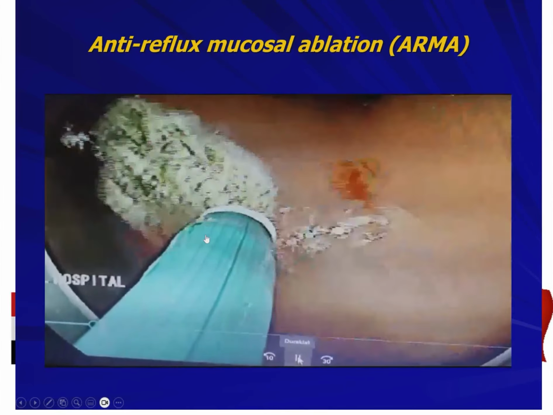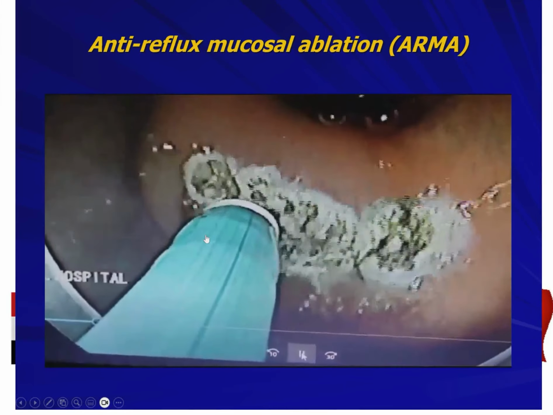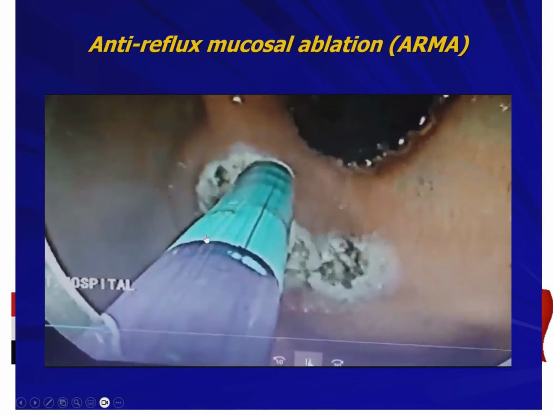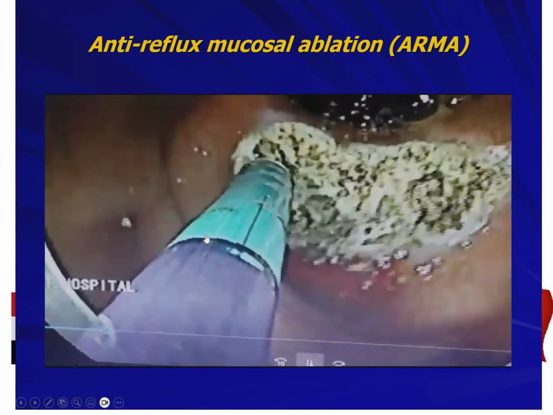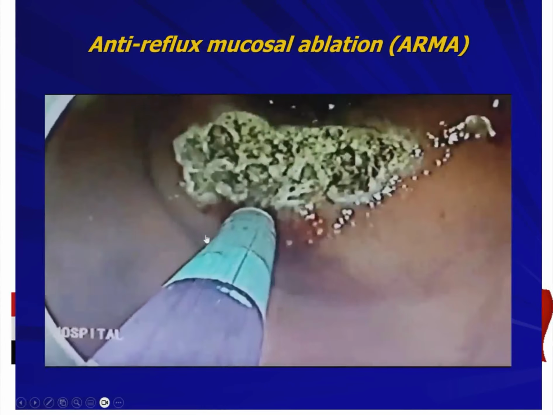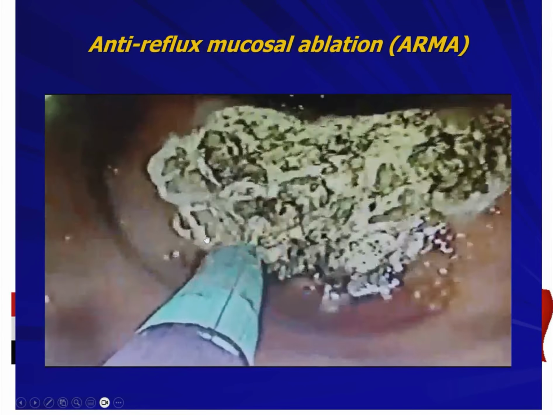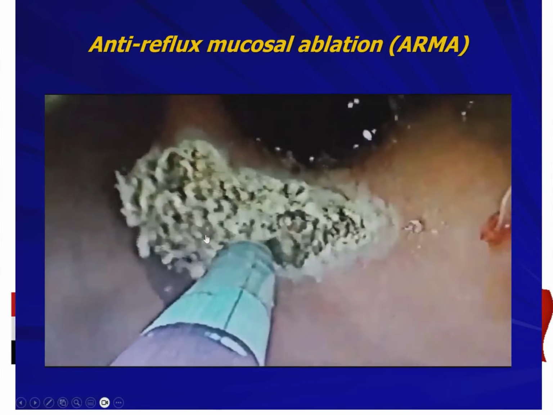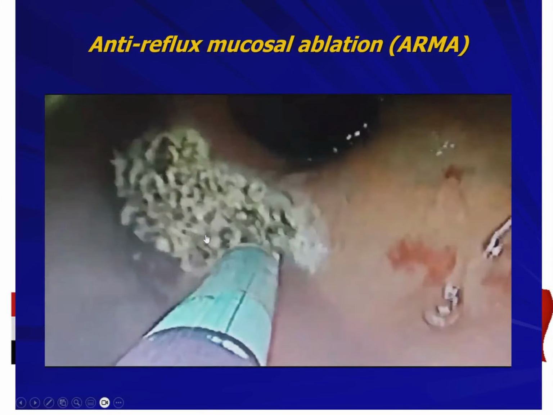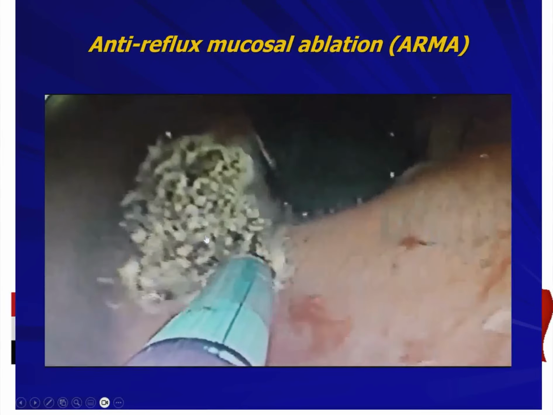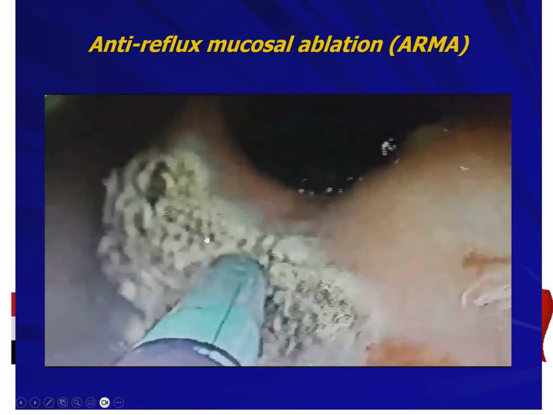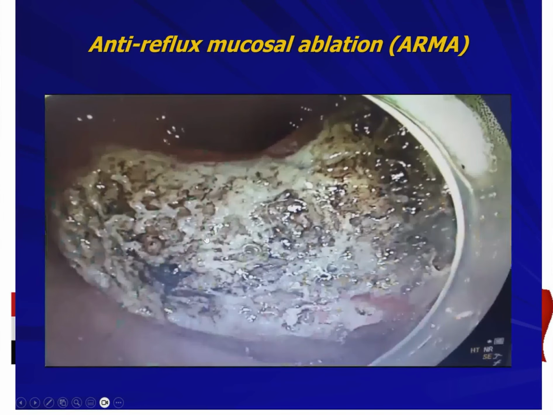This is the scope retroflexed. We apply the argon plasma current. We start about 1 centimeter from the squamocolumnar junction, and it's applied in a U-shaped manner. We leave about 1 to 2 centimeters without ablation to prevent stricture.